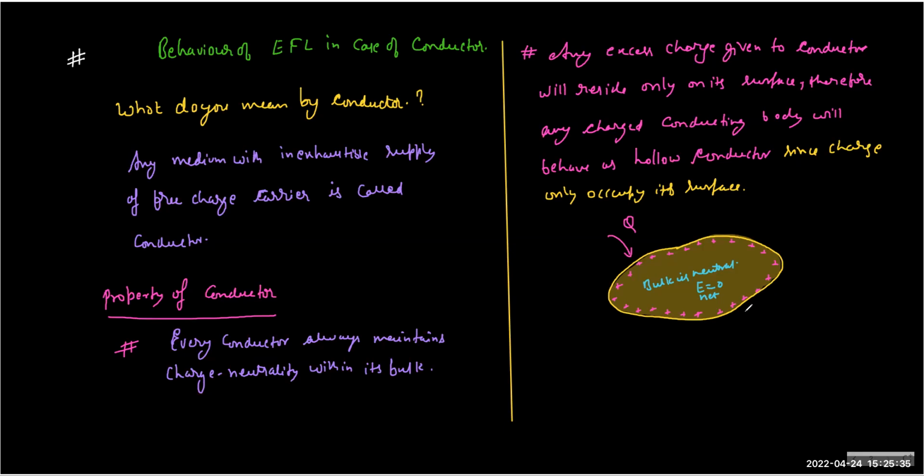Sir, by net field, I don't understand. Net field means the field which is either developed by the charge or the field which is already present in the space before bringing this charge. So, for example, if you remember the induction process, which is a really nice property of every conductor.